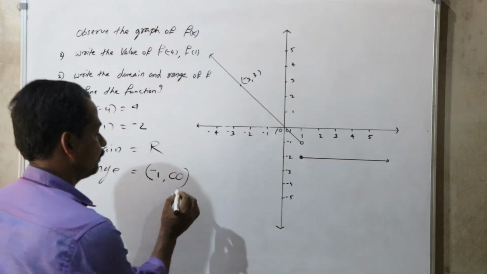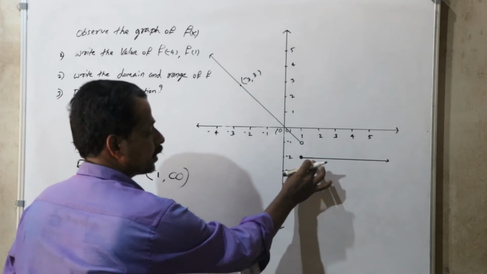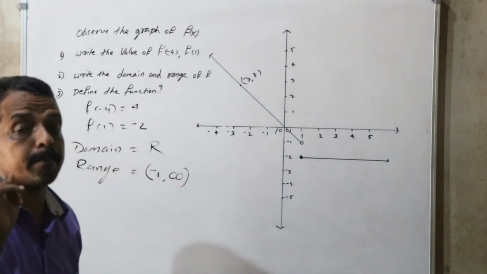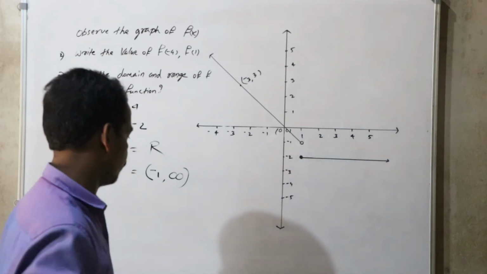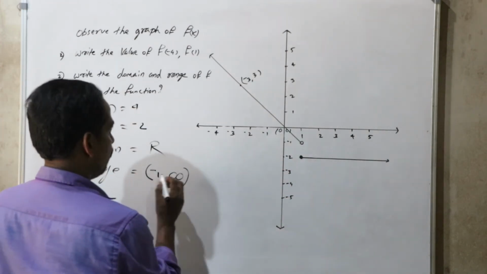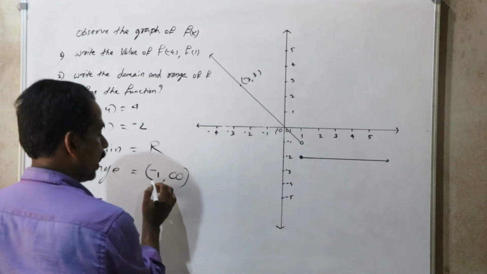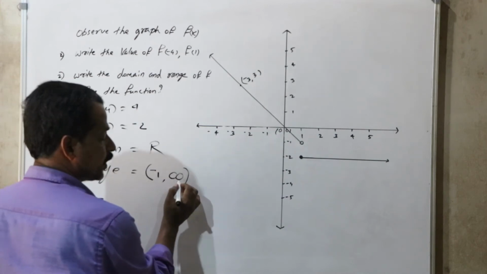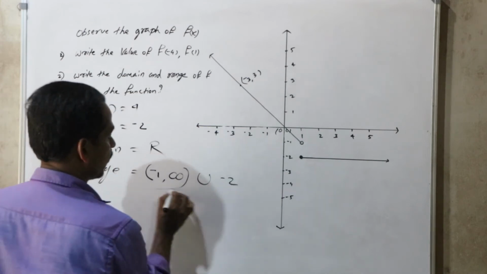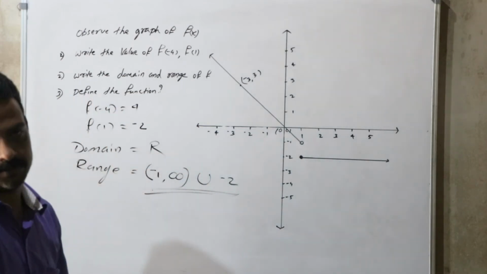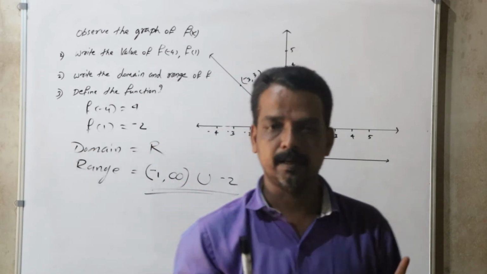And according to this other line, only one number is in the range, that is -2. So the range is (-1, positive infinity) union {-2}. This is the range.